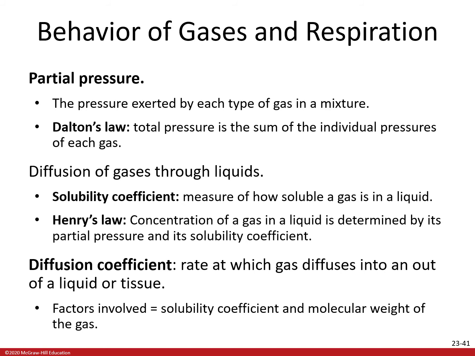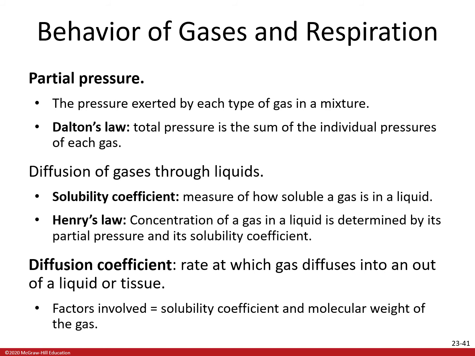So, the diffusion of gases through liquids. This is going to be how gases move from higher partial pressure to lower partial pressure. And when the partial pressures of gases are equal between air and liquid, this is going to be equilibrium, which is what we call Henry's law.